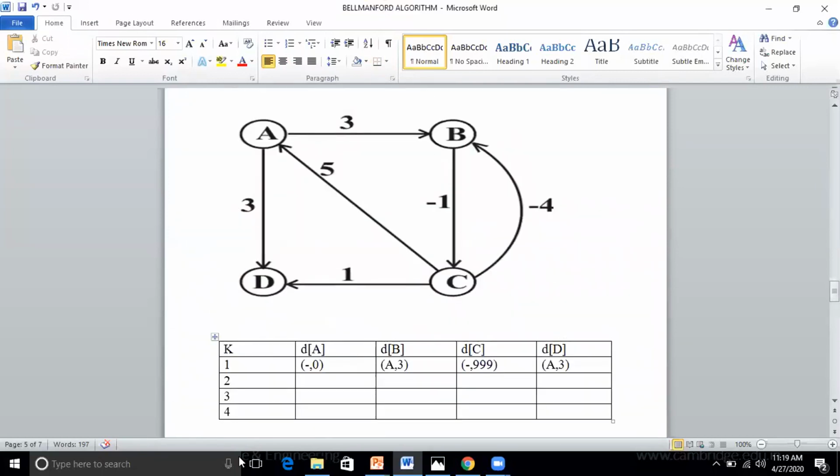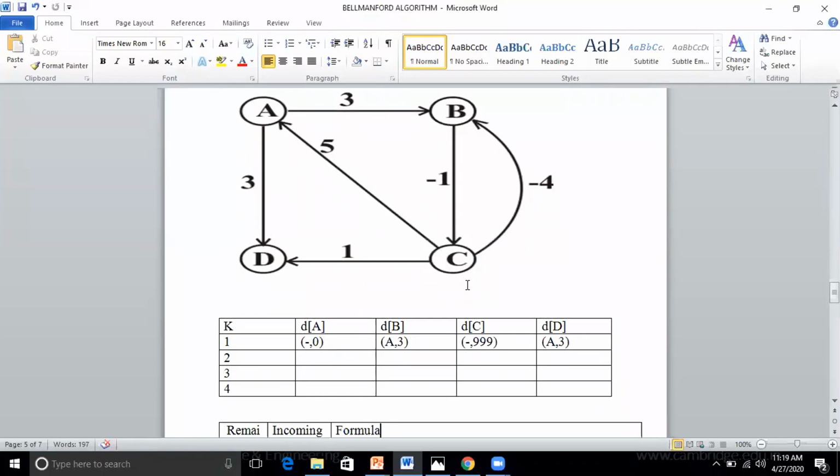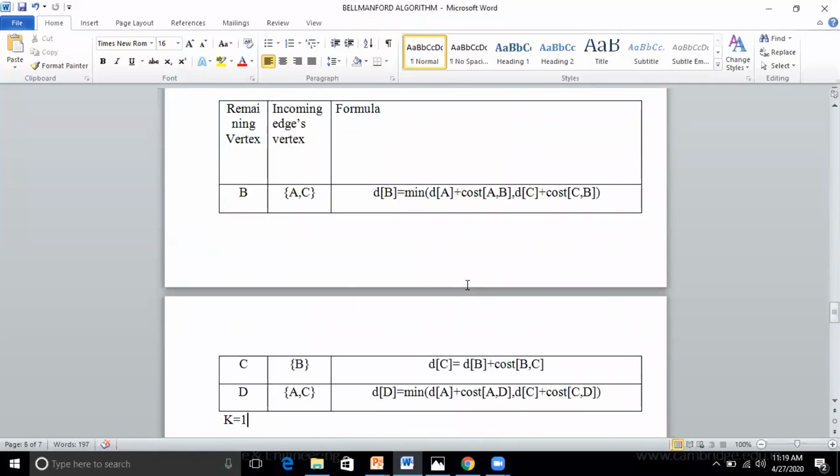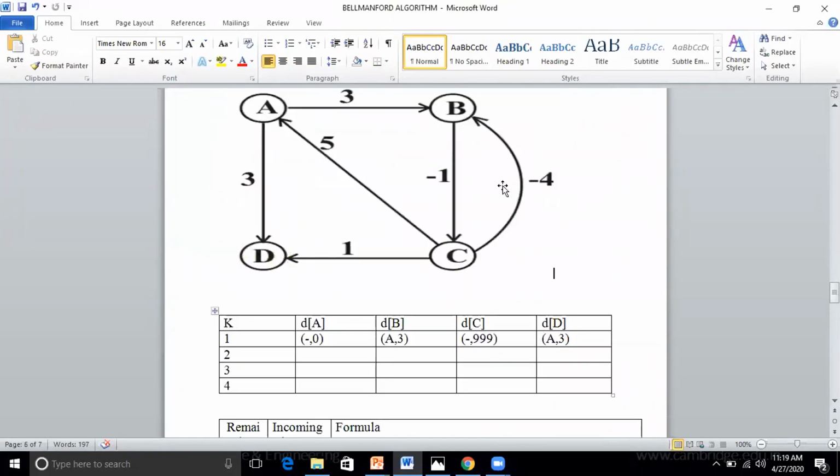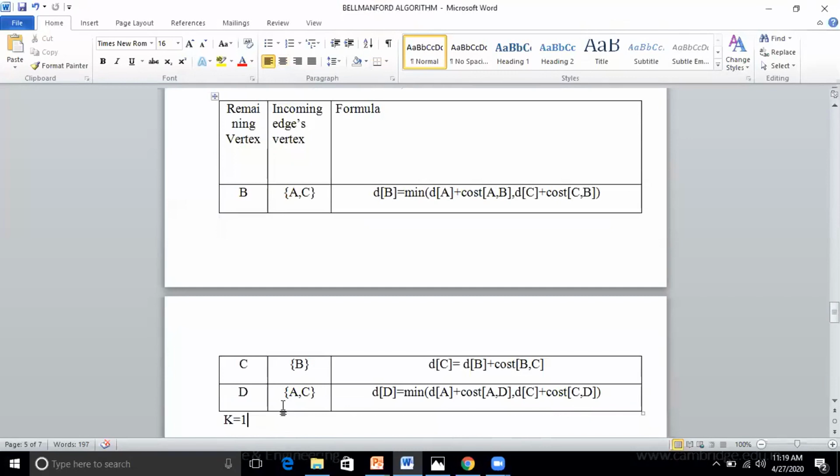Only B is an incoming edge vertex. So I wrote for C this formula. For D, A as well as C. Correct? Yes, so you get this formula.